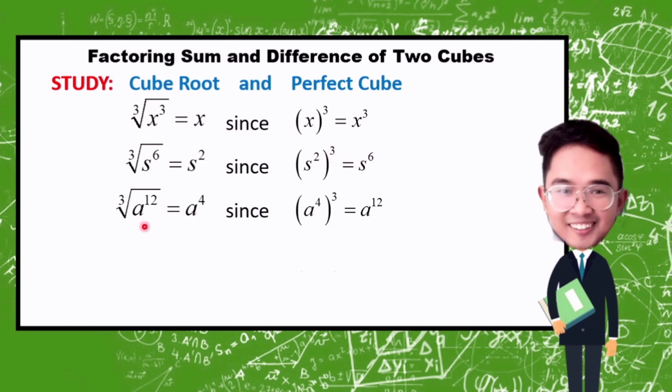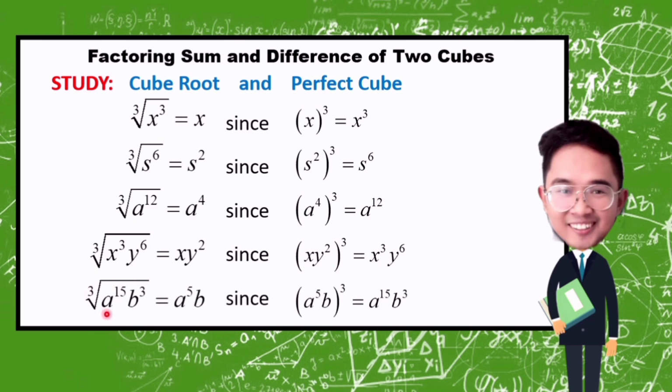Cube root of a raised to 12 is equal to a raised to 4, since the quantity of a raised to 4 to the power of 3 is equal to a raised to 12. Cube root of x cube y raised to 6 is equal to xy squared, since the quantity of xy squared to the power of 3 is equal to x cube y raised to 6.